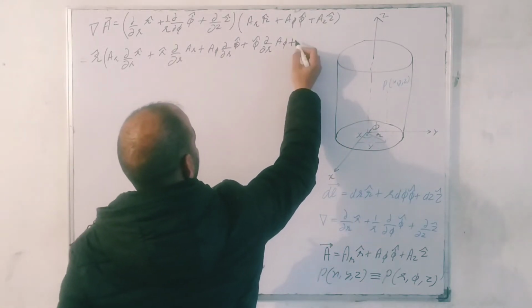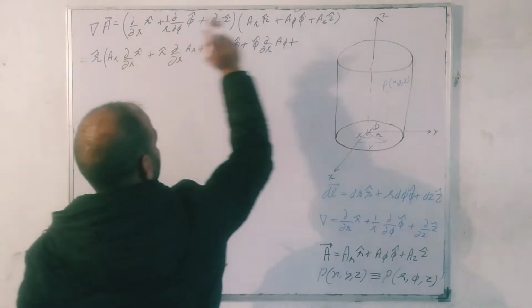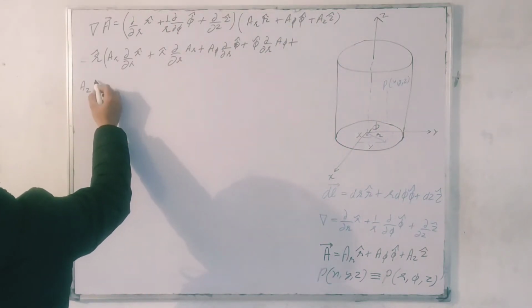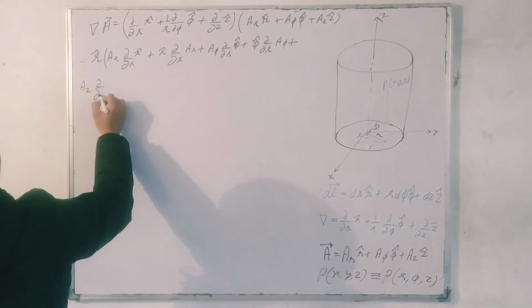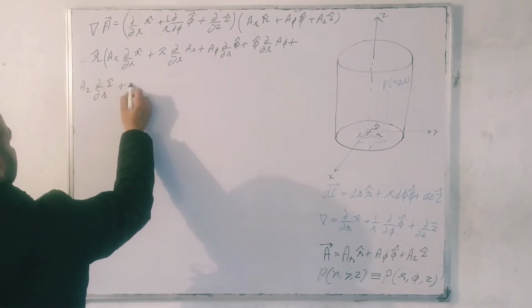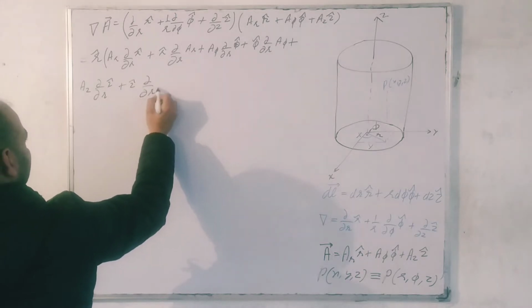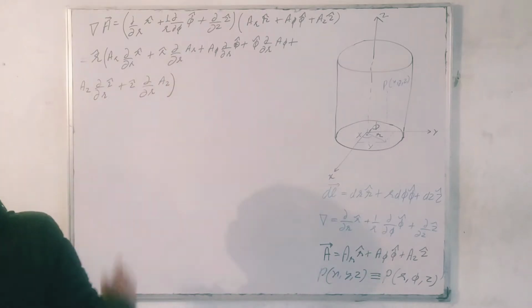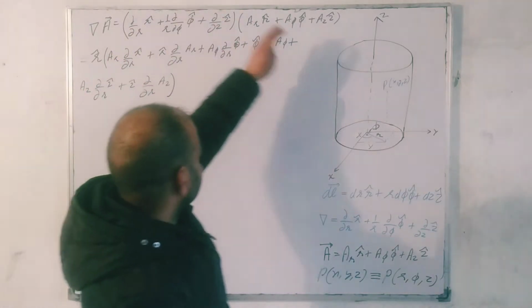Next, plus AZ curly upon curly R of z cap, plus z cap curly upon curly R of AZ. So now we have operated this operator on all the components.